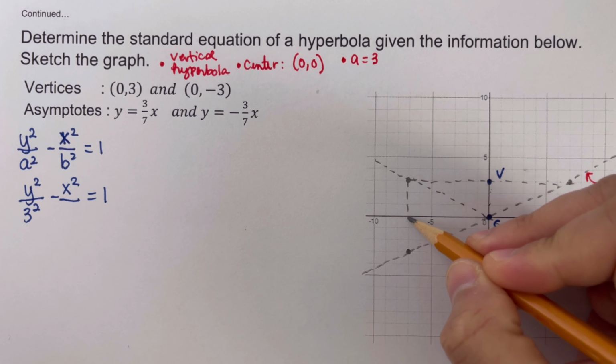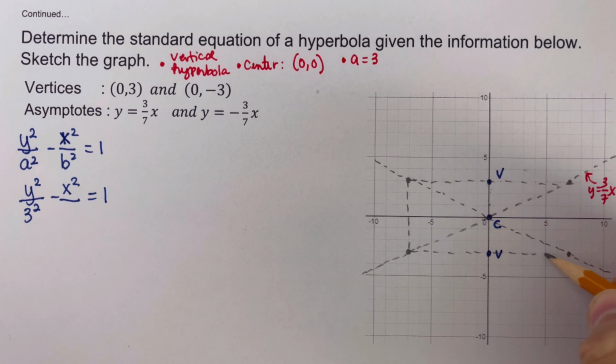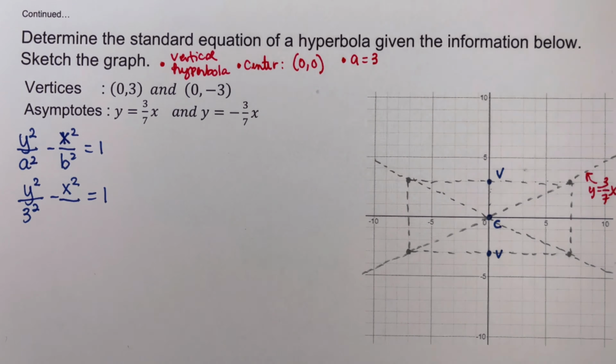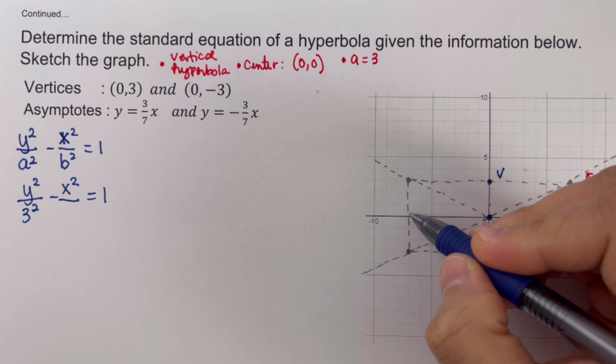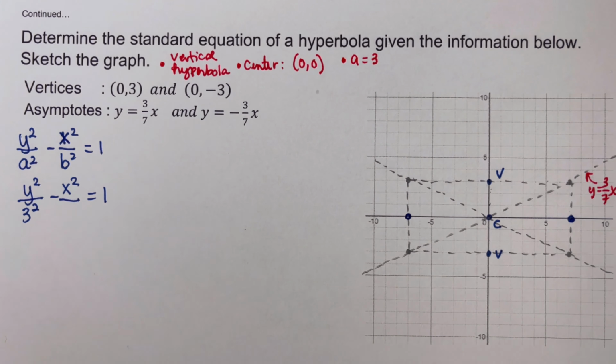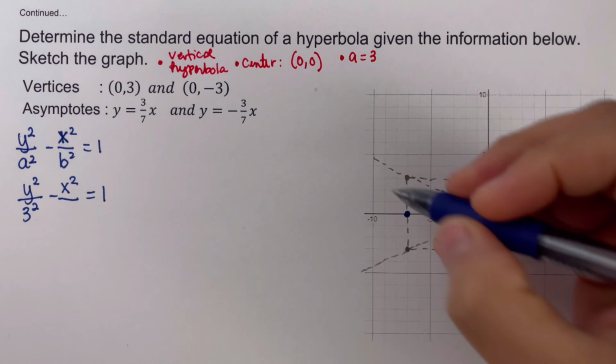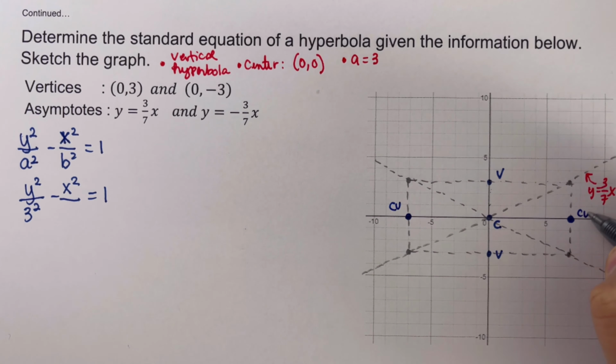And I'm going to create that down here. And this is the central rectangle of this hyperbola. This tells us that our co-vertex is located at this point and the other co-vertex is located at the other point right here. So we can go ahead and write the coordinates of these two co-vertices down here.